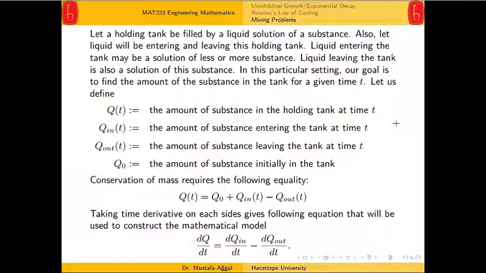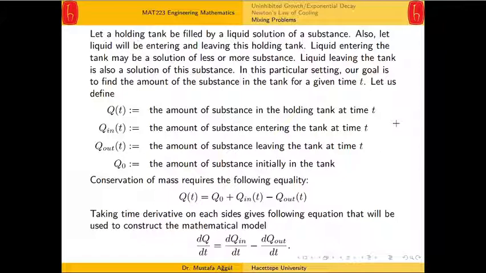We also assume the tank is well stirred, and as soon as something leaves or enters, it will be homogeneous. It will be well mixed. In this particular setting our goal is to find the amount of substance in the tank for a given time t.